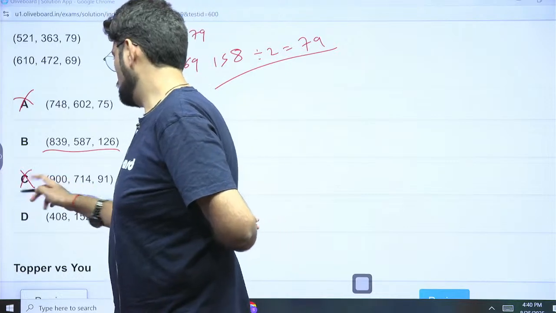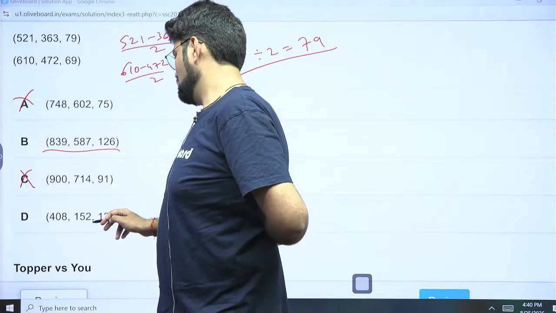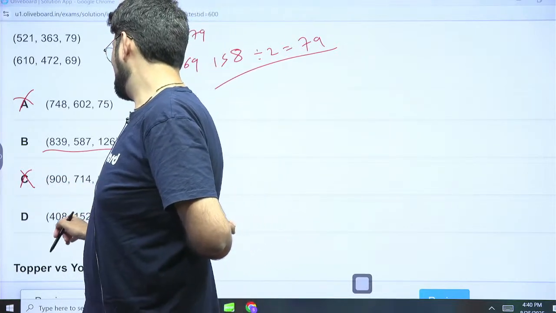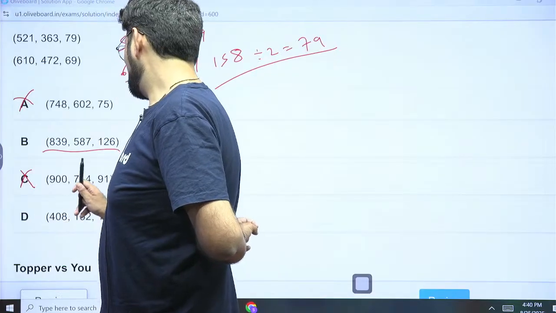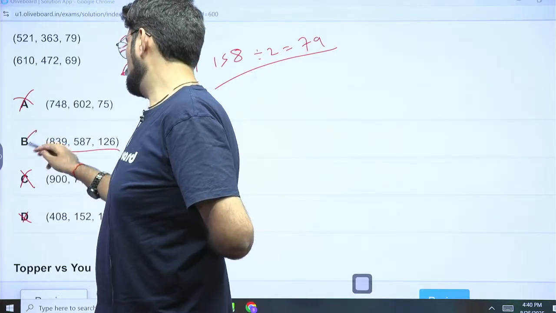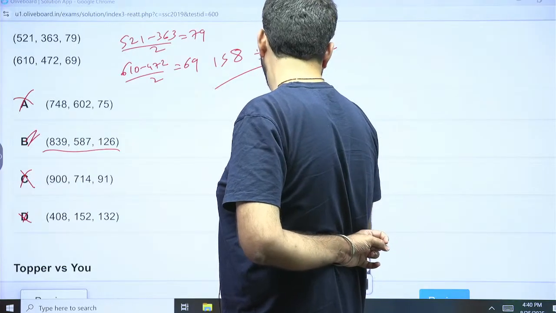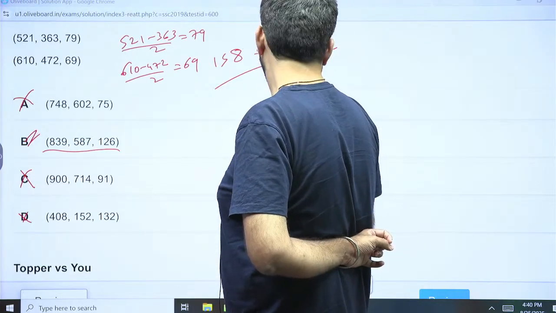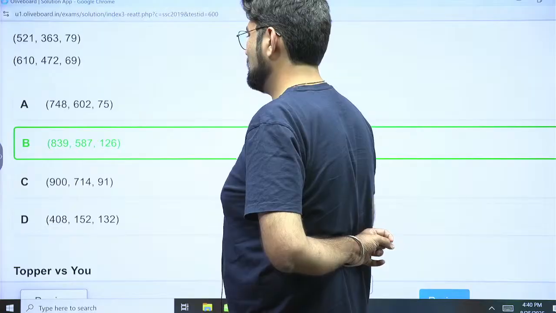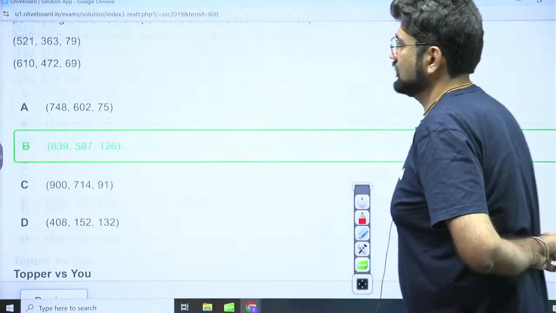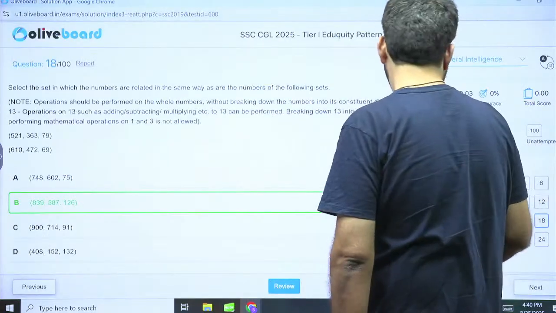Unit digit only we are checking. 8 minus 2, 6, this is also not possible. I think this is the only correct answer, is it? Or am I doing something wrong? Yeah, from unit digits only we figured it out. 38 seconds. Very nice. Excellent. Next.